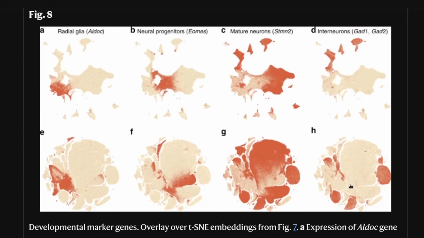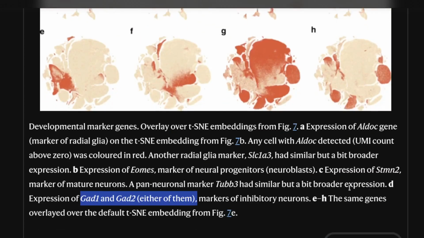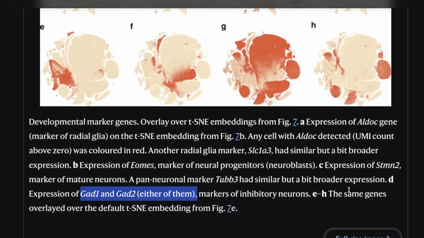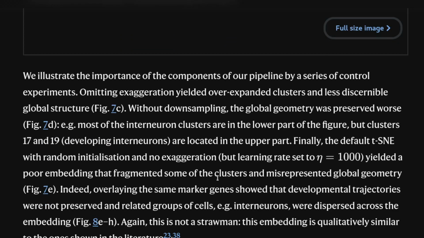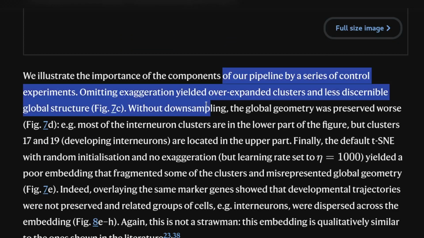Full-size image. We illustrate the importance of the components of our pipeline by a series of control experiments. Omitting exaggeration yielded overexpanded clusters and less discernible global structure, Figure 7c. Without downsampling, the global geometry was preserved worse, Figure 7d.